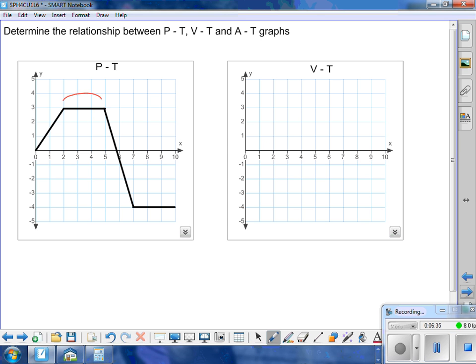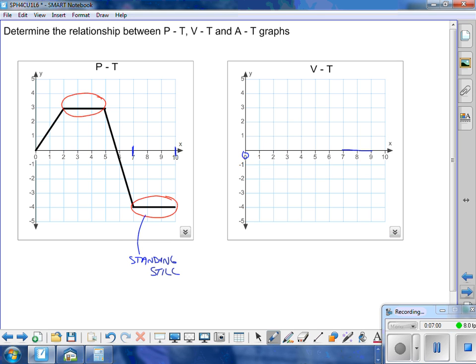In this region right here, and this region right here, how would you describe your motion? It's a flat line. We just talked about that. We are standing still. If you are standing still, what is your velocity? Well, the resulting velocity is 0. So from 7 to 10 seconds, my velocity has to be 0.